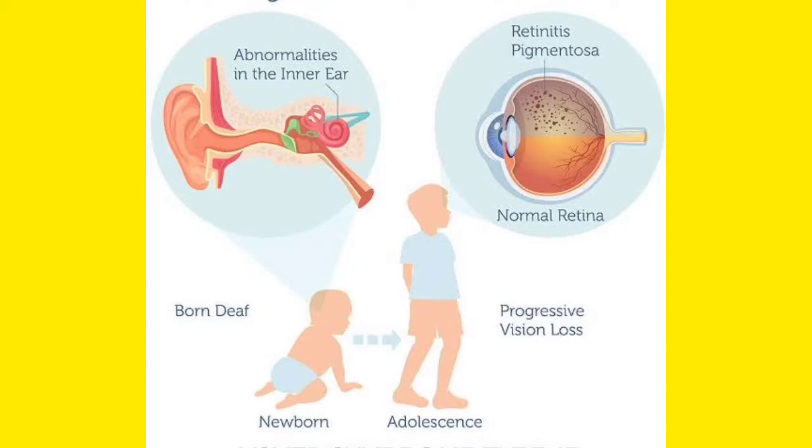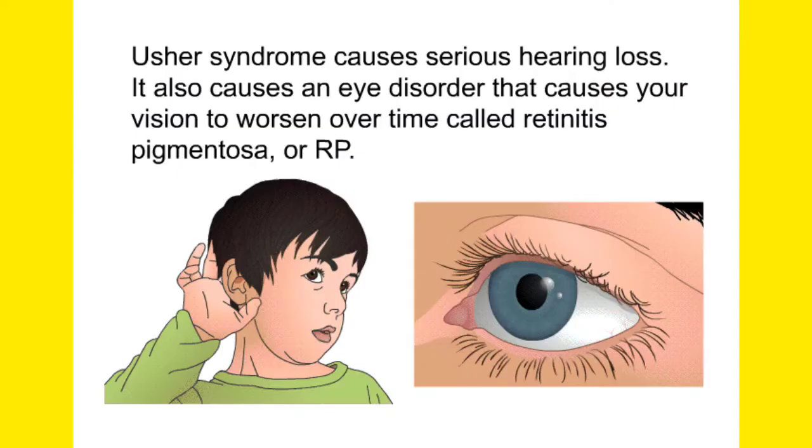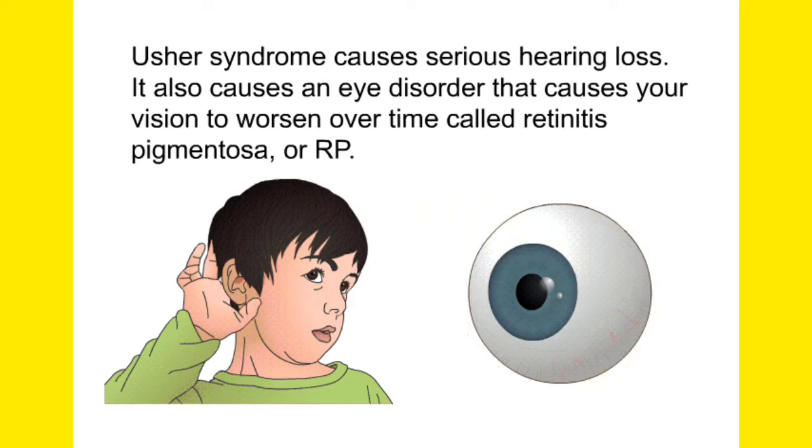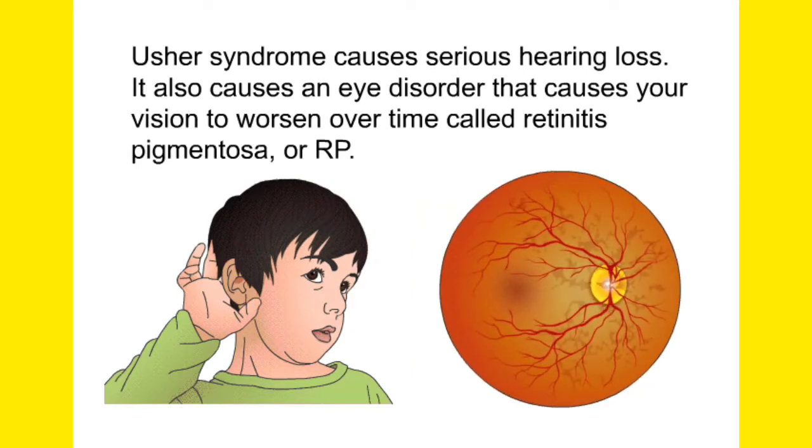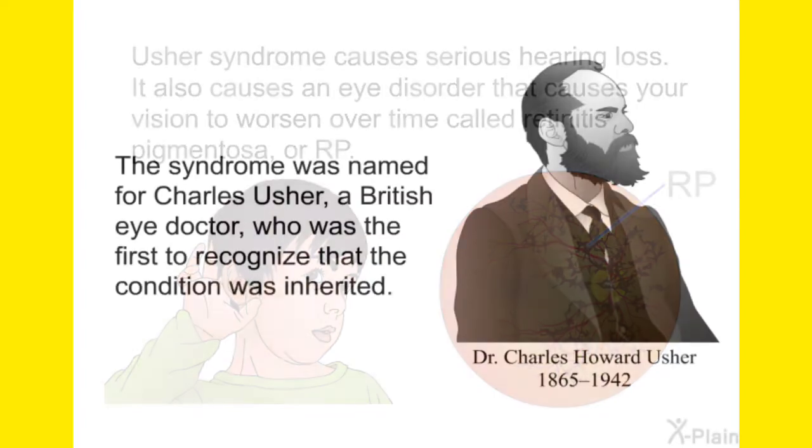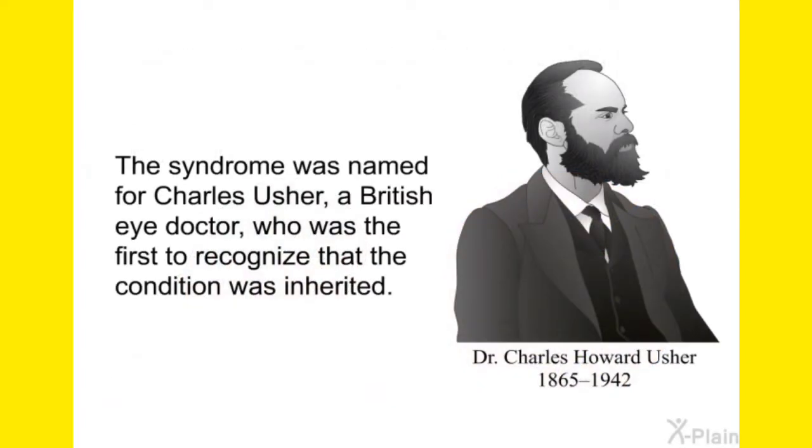In the ear we get abnormalities that lead to balance problems, and in the eye we get abnormalities which lead to retinitis pigmentosa. So what does Usher syndrome cause? Usher syndrome causes serious hearing loss and also an eye disorder that worsens with time.